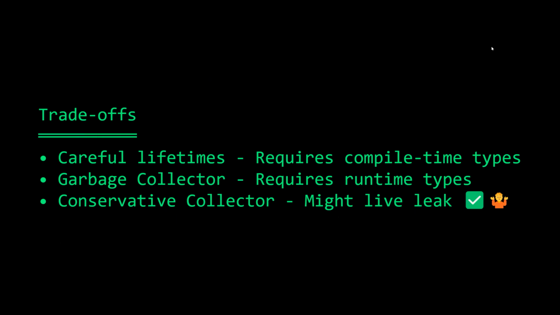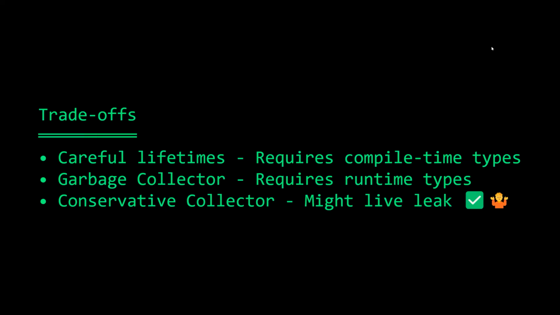So let's circle back to this question of how to do this in Forth. If we did something like careful lifetimes, the problem is that, at least as far as I've been able to reason out, it requires compile-time type information. There are folks that have tried to introduce stronger typing to Forth, but I think it's not trivial to do, and it doesn't slot in as nicely.